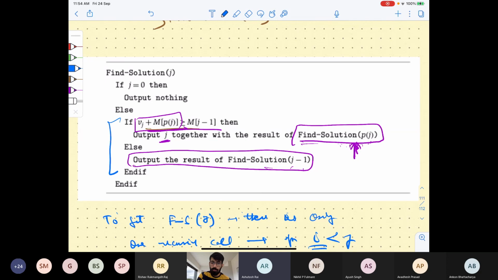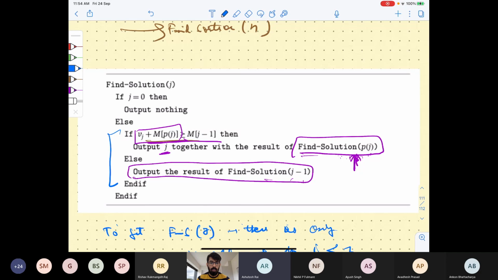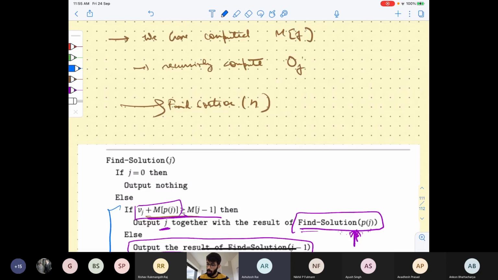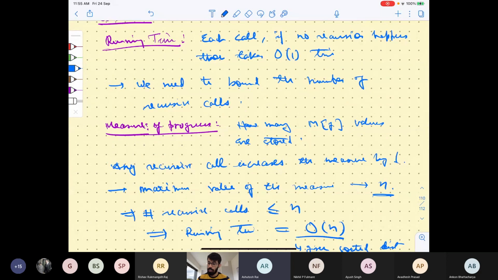So any question about this? Basically we have finished the lecture. Is there any question about how the algorithm works, or how we are analyzing the algorithm?